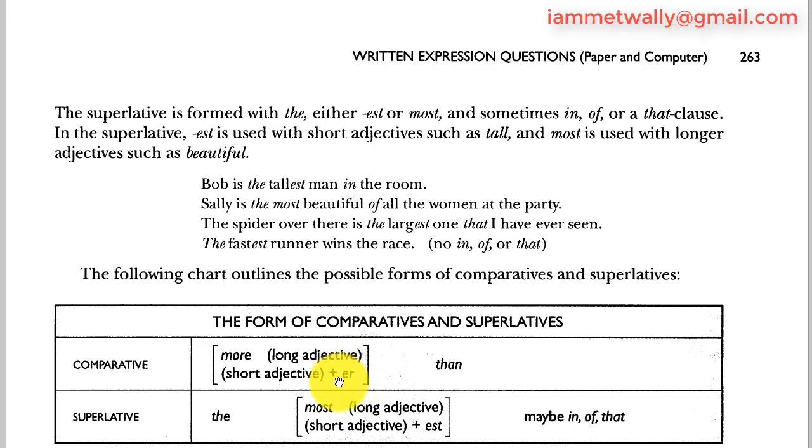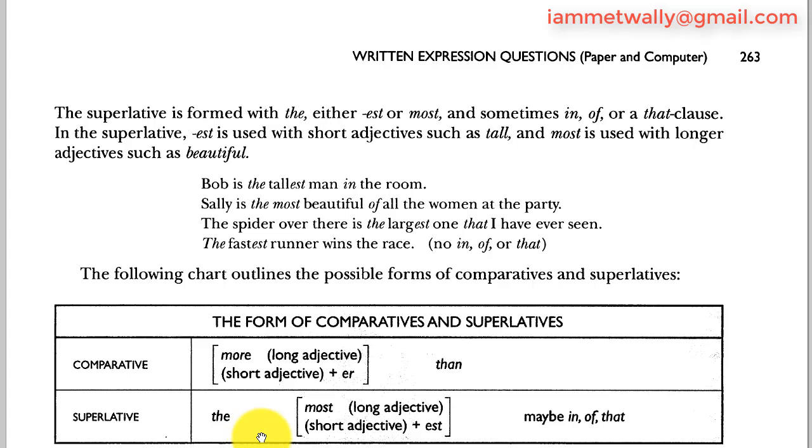For example, the word tall is short, so you can add -er to it. It doesn't cause much trouble. But a word like outstanding or gorgeous or beautiful is already long. I cannot add an extra suffix to this word. That's why I add a separate word like most in the superlative and more in the comparative. That's in case you don't want to forget.